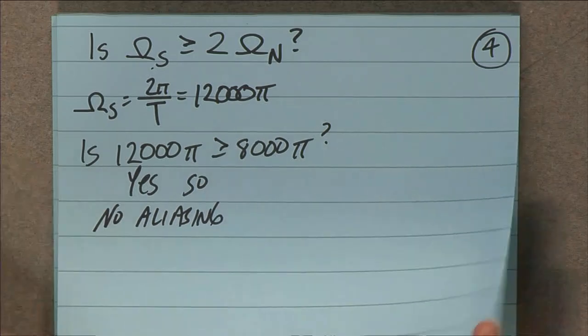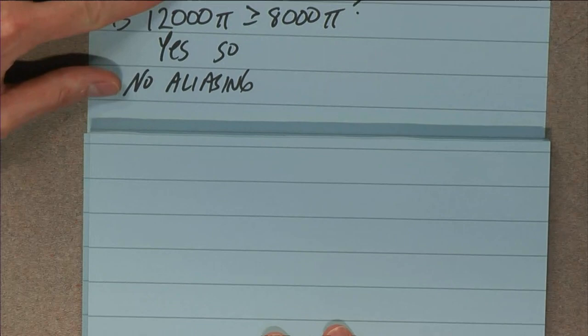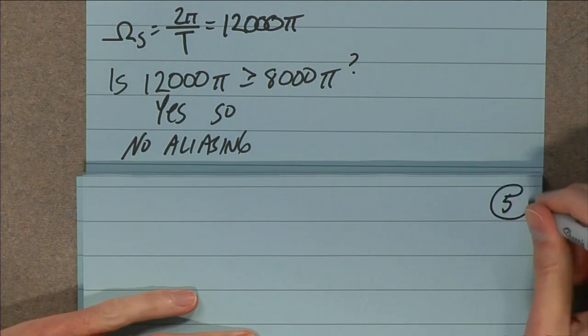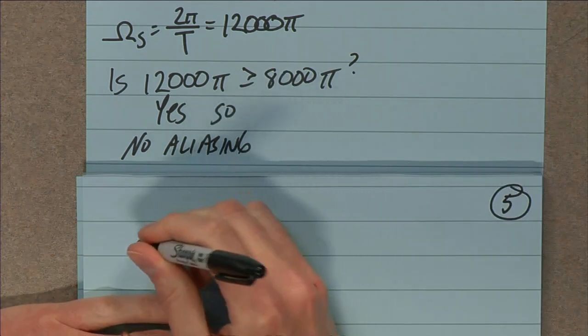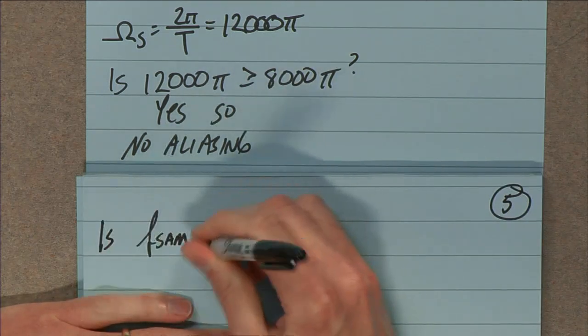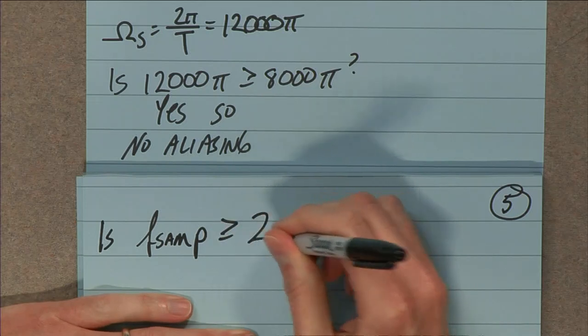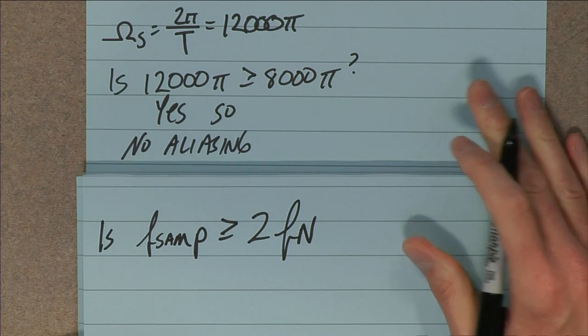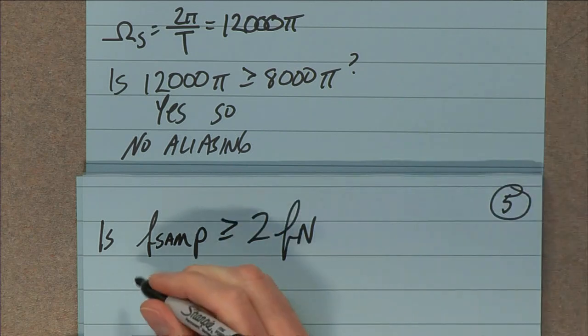Now the other way to think about this, which is important because that's how we're going to do it in all the practical problems that I've ever seen, is to talk about this in terms of hertz. So is f_samp greater than 2 f_n? Of course, the answer is the same since it's all off by 2 pi, but let's go through it.